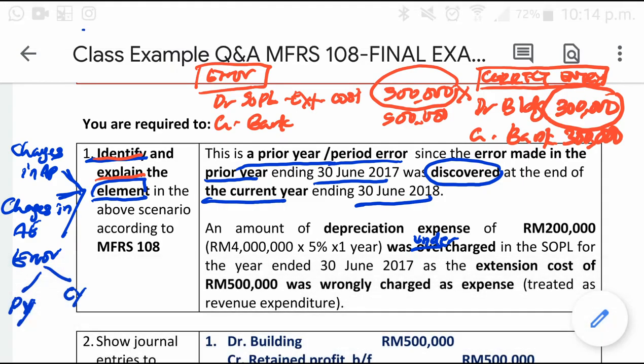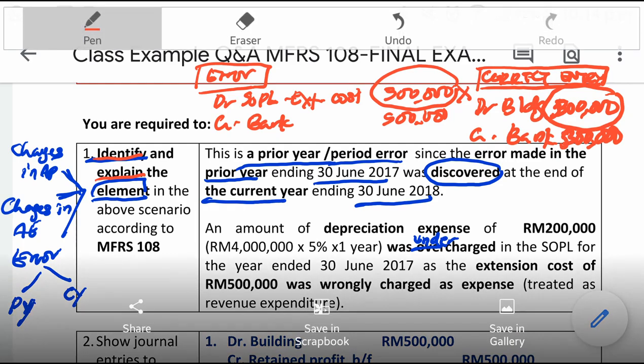Sorry, it's 500,000. Therefore, it has been undercharged in the SOPL. Why? Because the extension cost was wrongly charged as revenue expenditure. As a result, depreciation expense was also undercharged. So that must be explained.